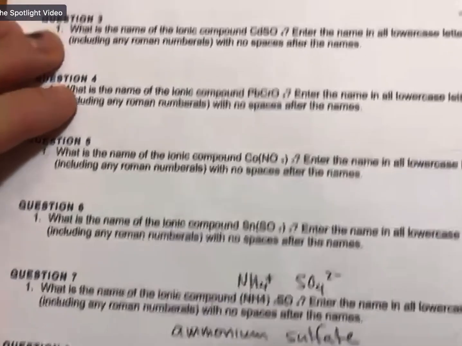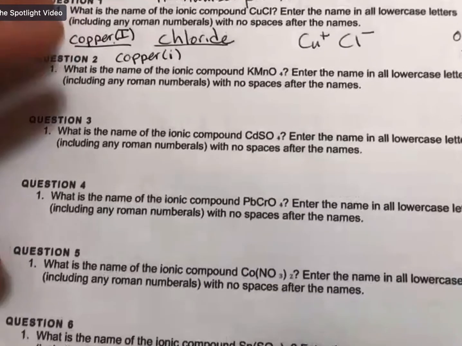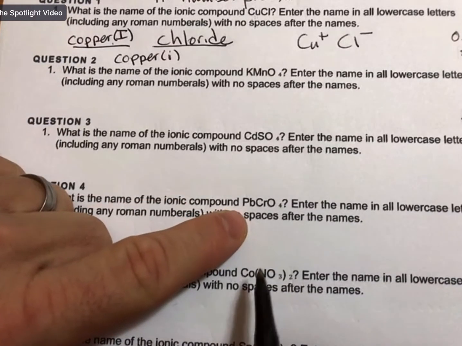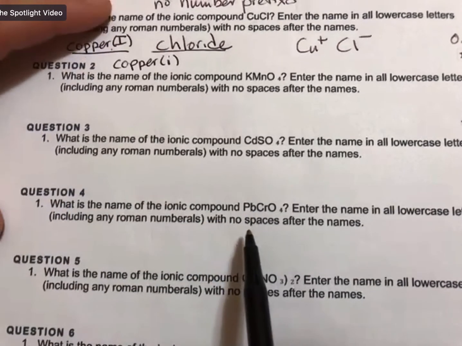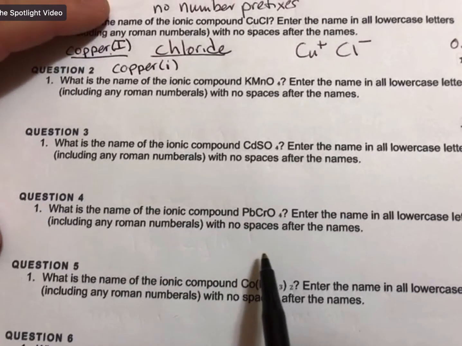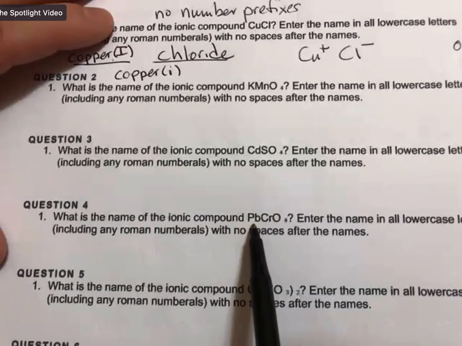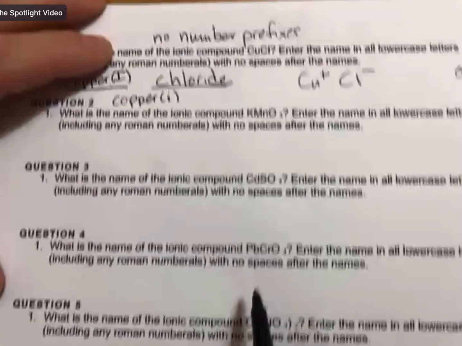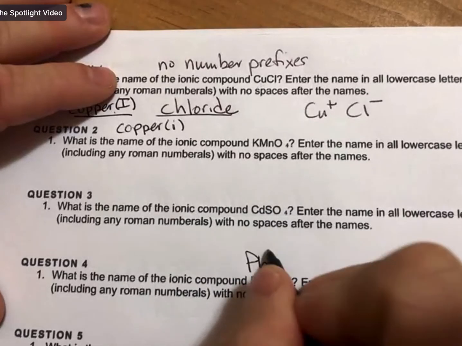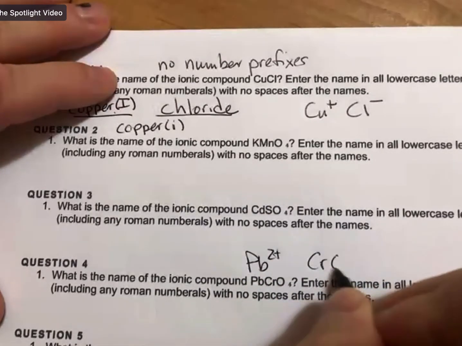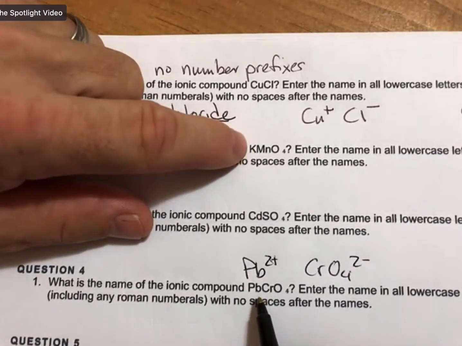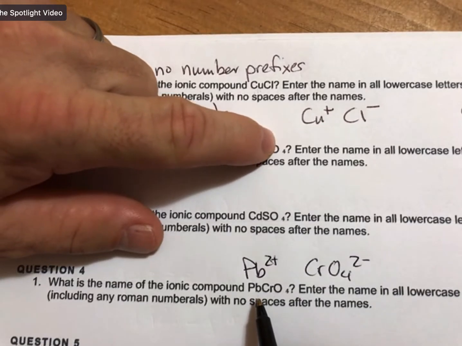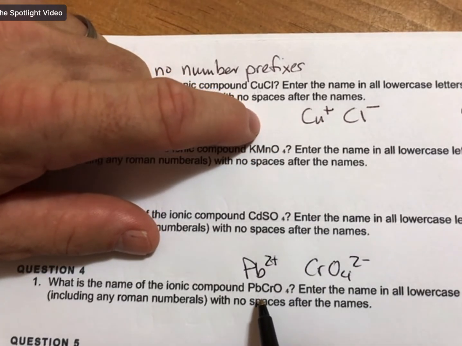If you look at this one, and again, the more you know about nomenclature, the faster these will go, but you will have your nomenclature sheet for the exam. These ones are Pb2 plus and CrO4 2 minus, whereas up here, K is K plus and MnO4 is just MnO4 minus.